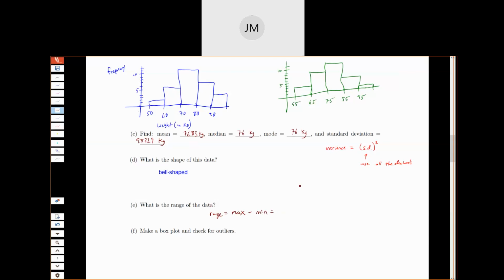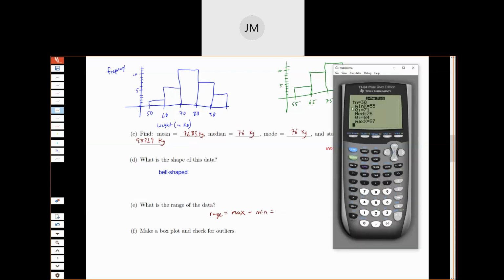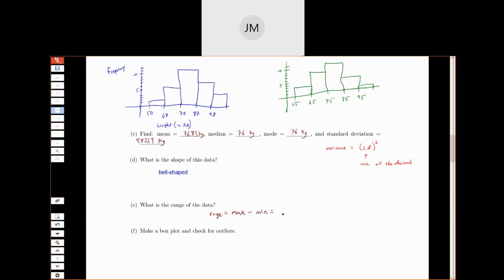So it is a single number. I'm going to take 97 minus 55. So I get 42, and again, this has units of kilograms.